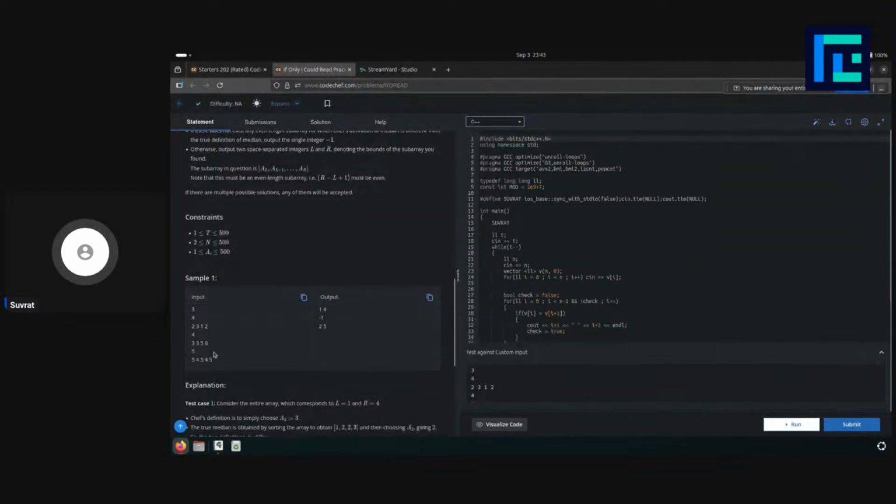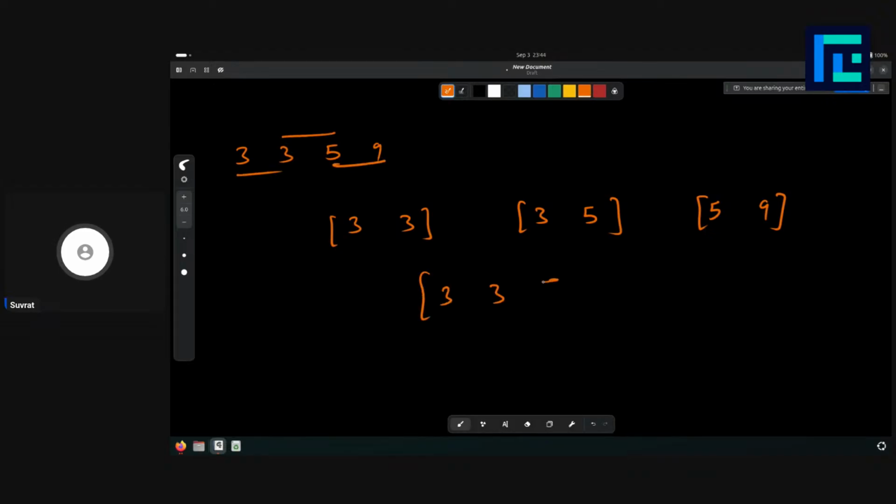So let's see the next test case, 3 3 5 9. The different subarrays in this test case would be 3 3, 3 5, 5 9, and then 3 3 5 9.